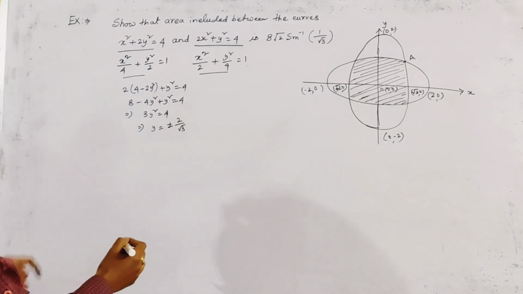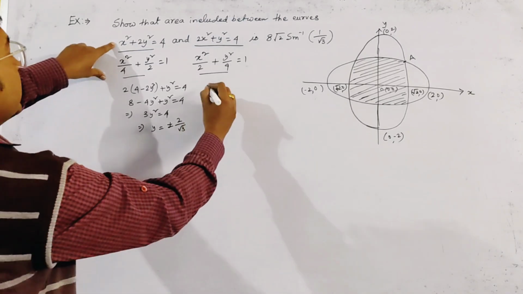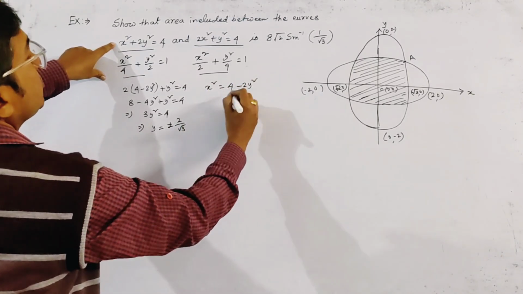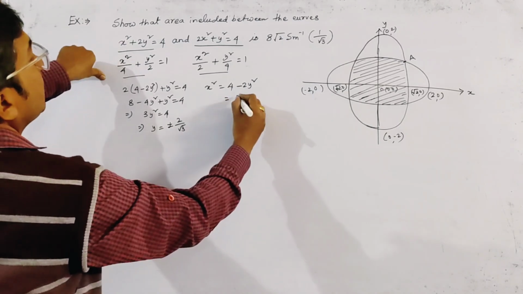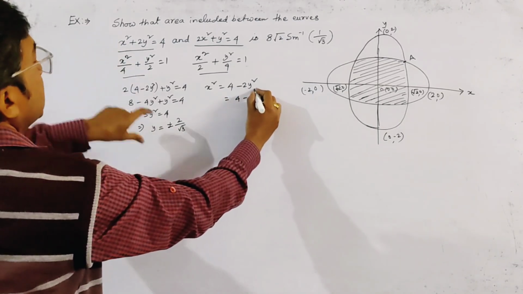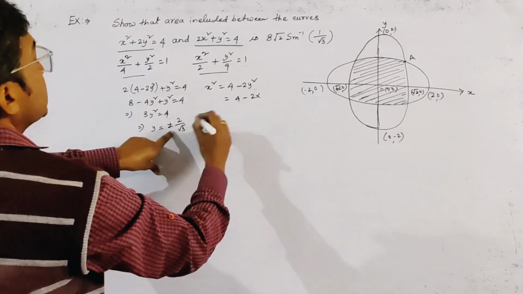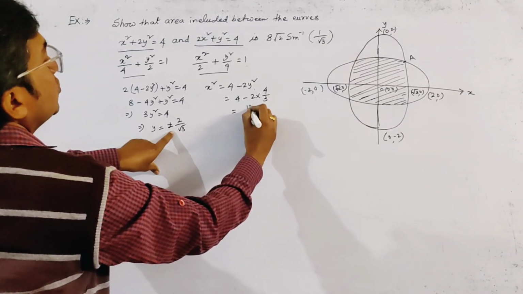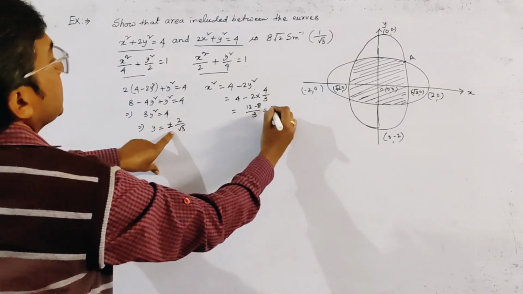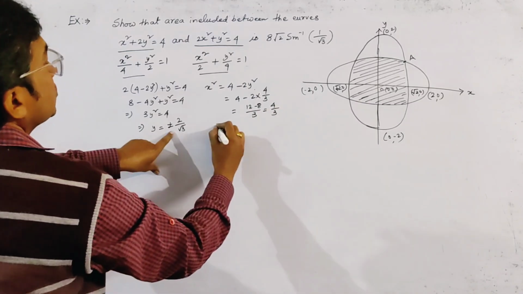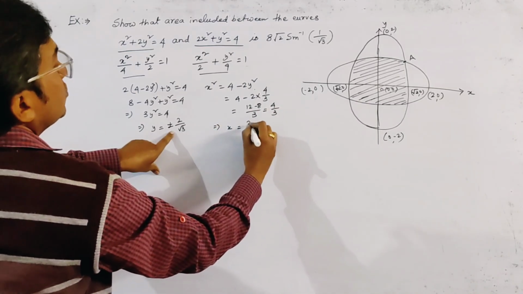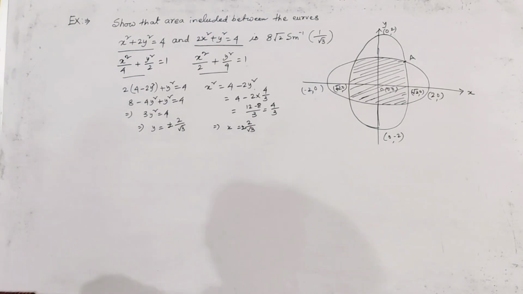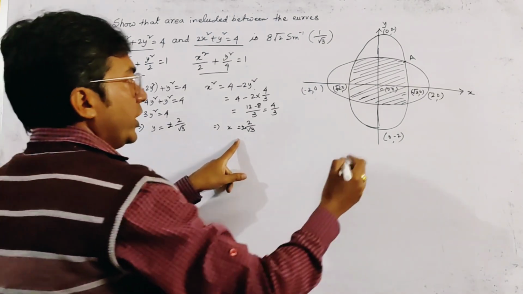From here x square equals 4 minus 2 into y square, that is 4 minus 8 by 3, which is 4 by 3, so x equals plus or minus 2 by root 3.